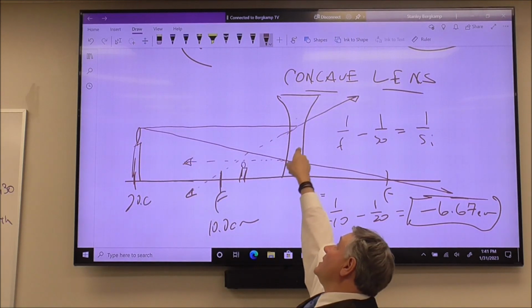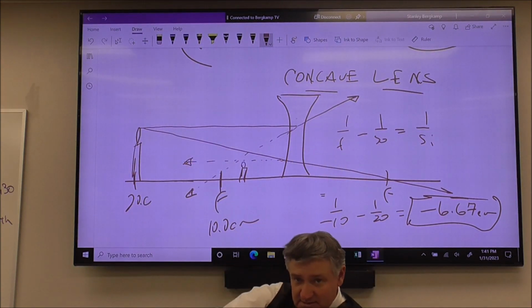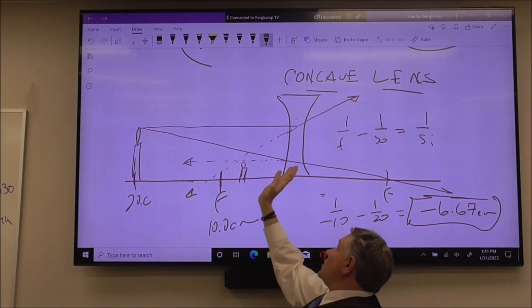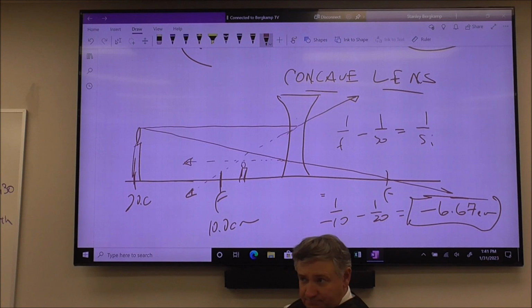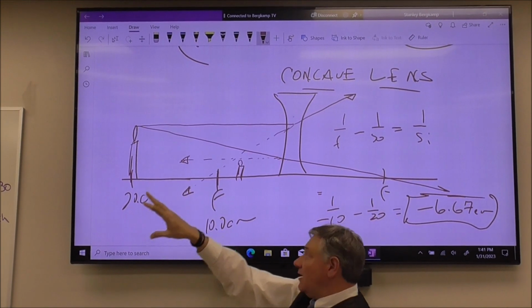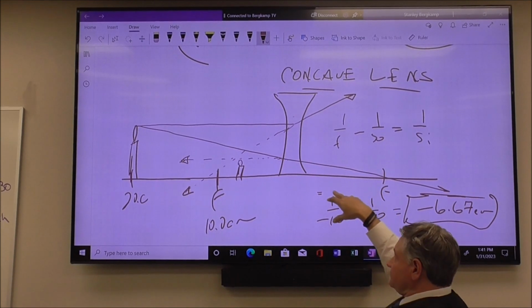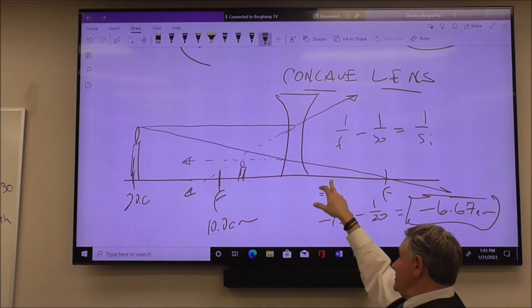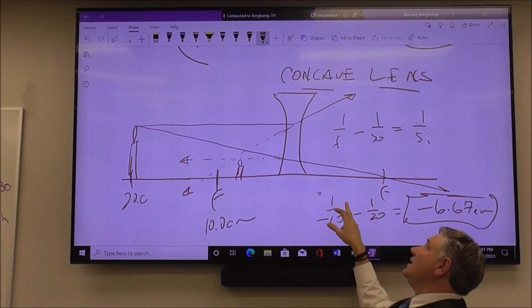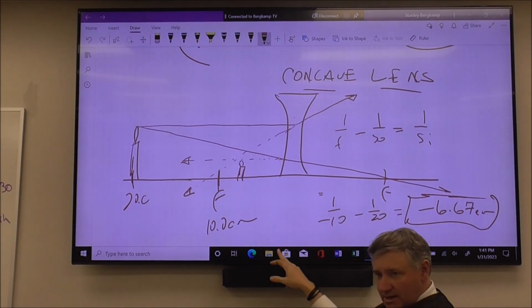So when you have a concave lens, that light is going to hit this lens and try to spread out. As soon as you see that, then when you do this calculation of 1 over your focal length minus 1 over the object distance, the focal length is now going to be a negative value.